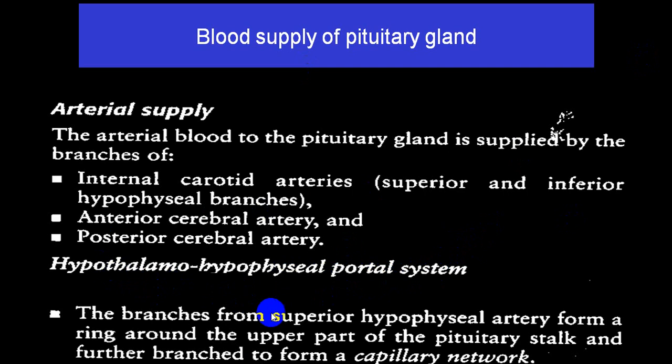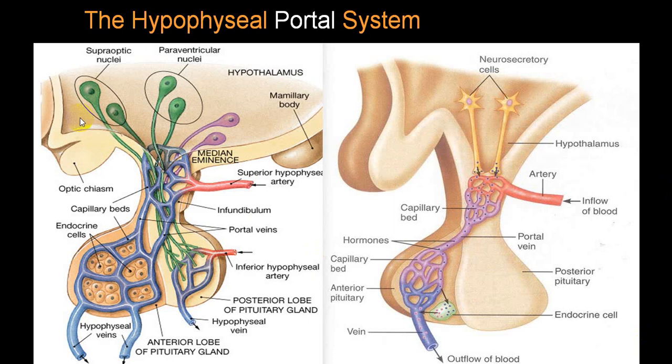The branches of the superficial hypophyseal artery, the superior hypophyseal artery, form a ring around the upper part of the pituitary stalk and further form a capillary network, and then it will end in a portal system. So this will be an arterial supply, and then it will form a portal venous system, and that will be drained into the surrounding cavernous sinus, etc.